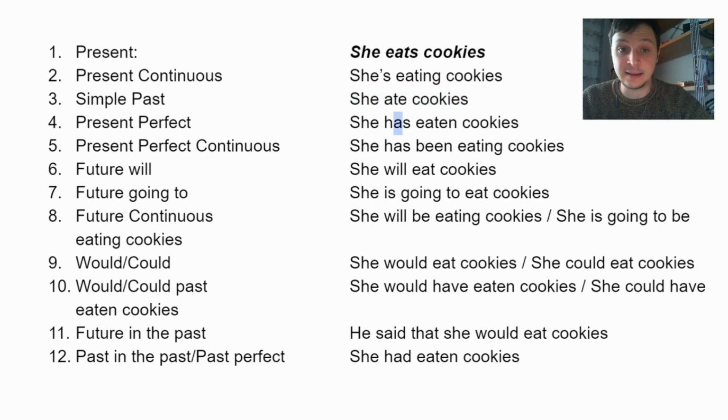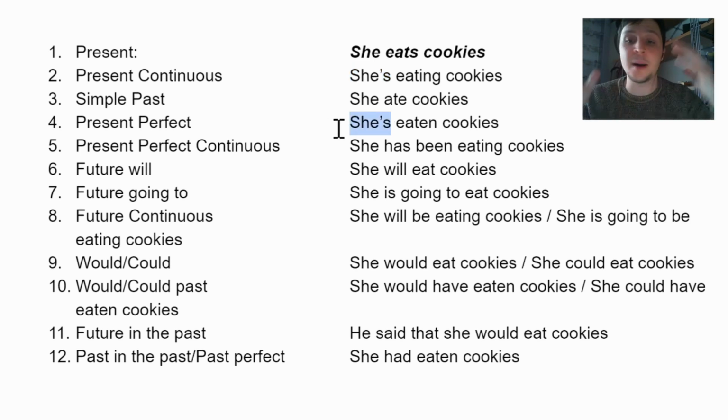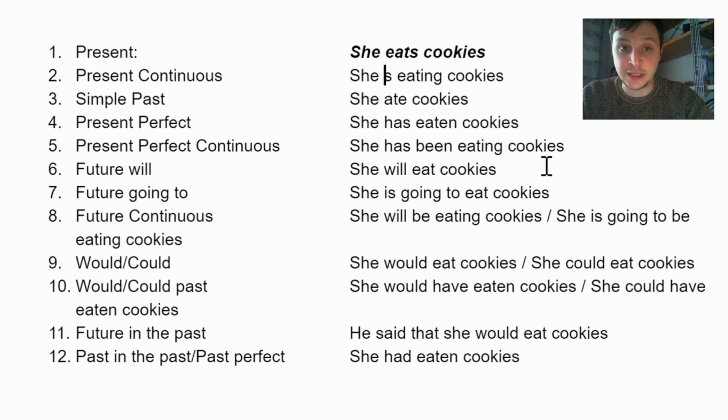Strangely, yes, you can abbreviate this and say she's eaten cookies. This is she is. This is she has. But the abbreviation is the same, even though it's different words. But both can become just she's. So be careful.